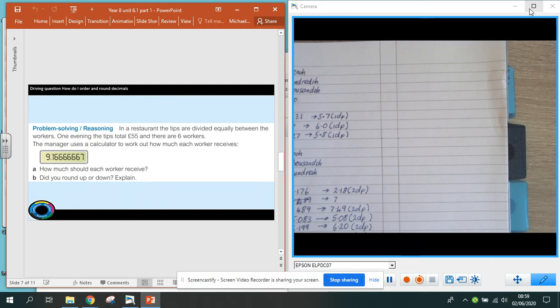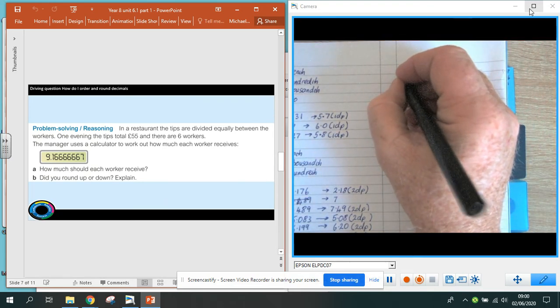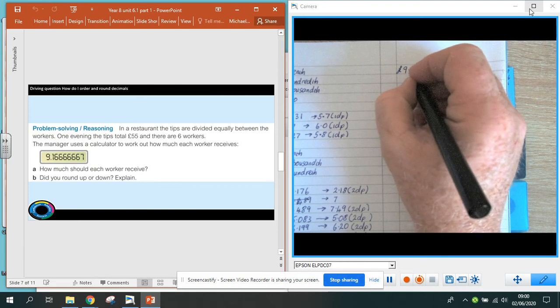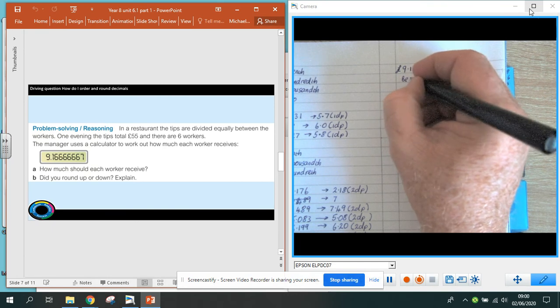According to this, we should round up to £9.17, but we can't, because if we do that, we won't have enough money. So in this case, the amount of money that we've got to give is £9.16, because there is not enough.